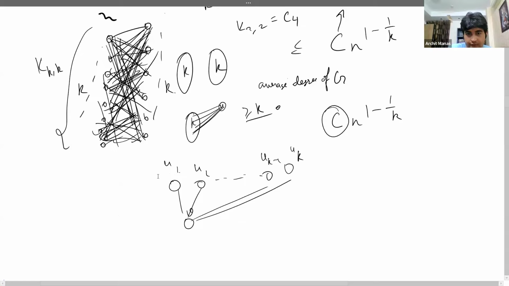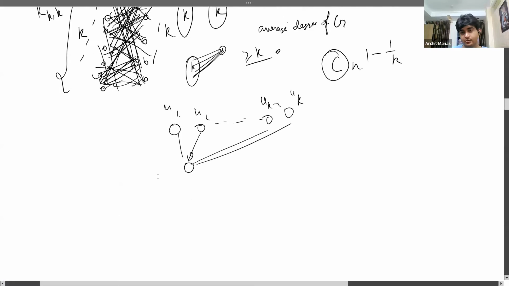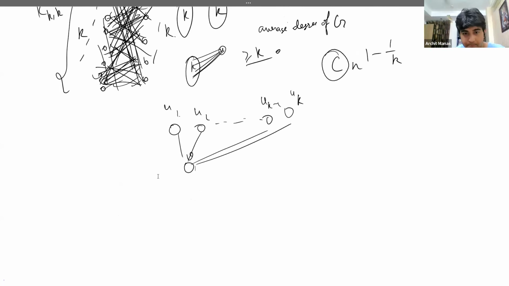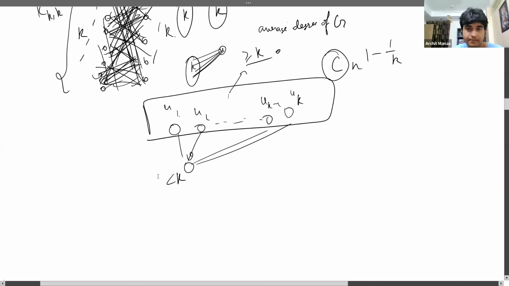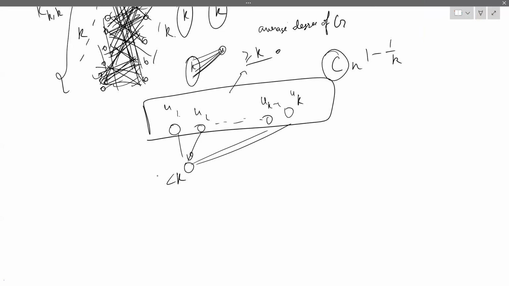How many such structures do we have of vertices v and a set of k vertices satisfying this? Less than k. Less than k if you fixed this, yes. But what if these are allowed to vary as well? What happens then? Less than 2k?